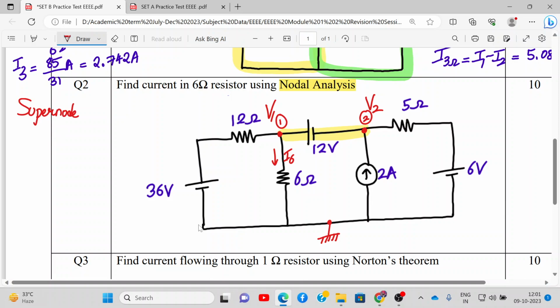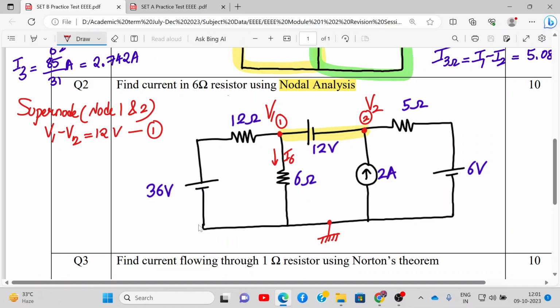Since node 1 and 2 form a supernode, how can we relate the nodes? This will be V1 minus V2 is equal to 12. So this is the equation we got from the supernode concept. All right, now we'll apply KCL at the supernode.